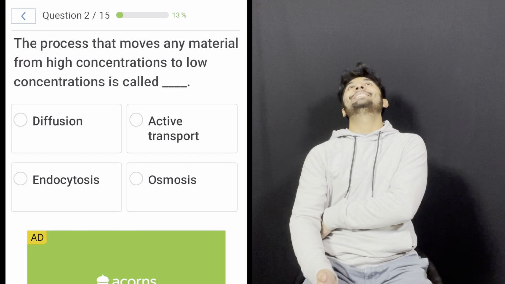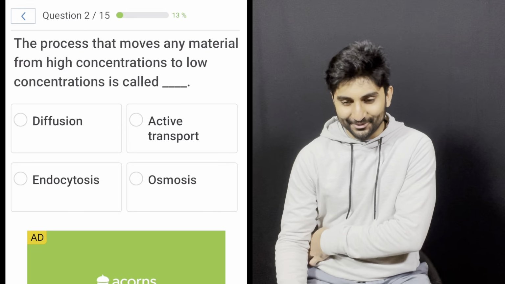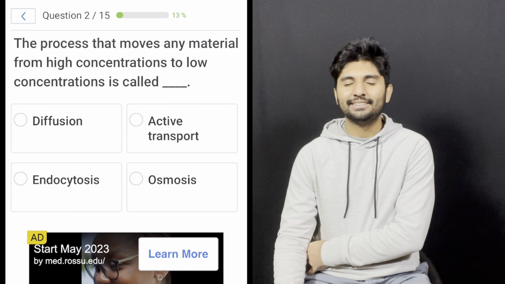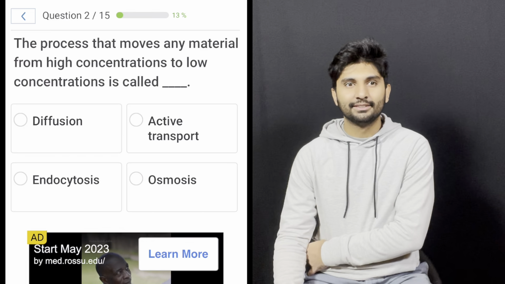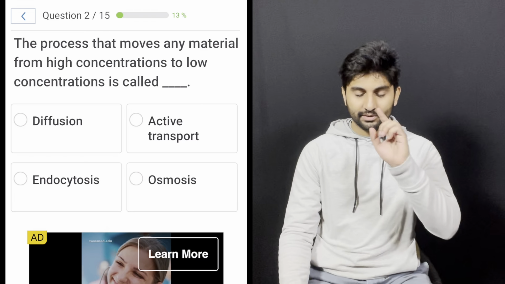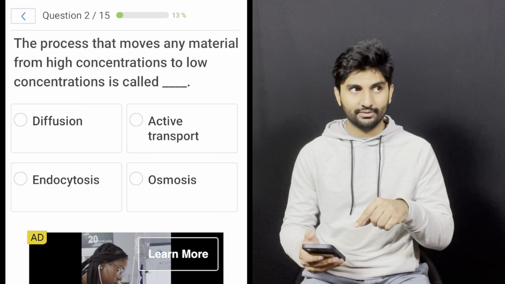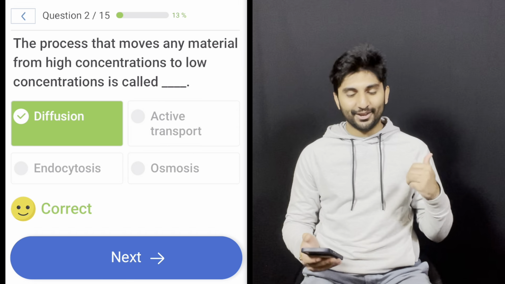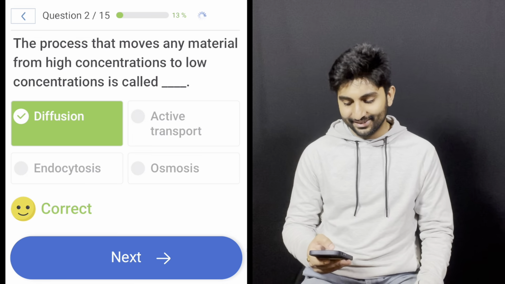I want to say osmosis. It's either diffusion or osmosis. I'm going to say osmosis, but I'm going to just choose diffusion. That's right, diffusion. Osmosis has to do with water.